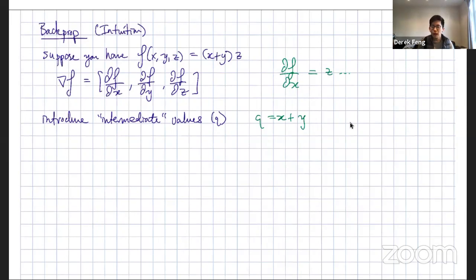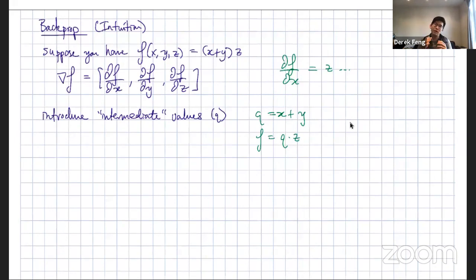Okay. And it might seem weird to do that, but you're breaking down this function f into as simple a combination of functions as possible. So in this particular case, each function is either just a multiplication or a summation.